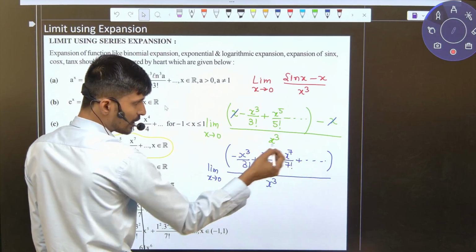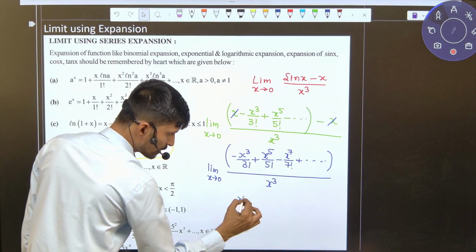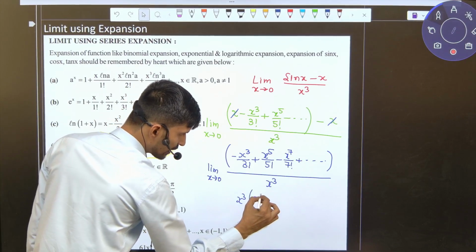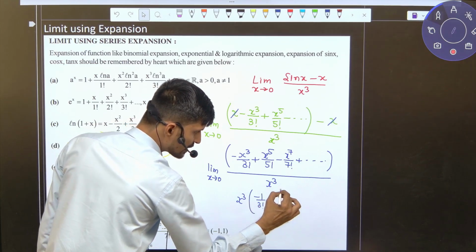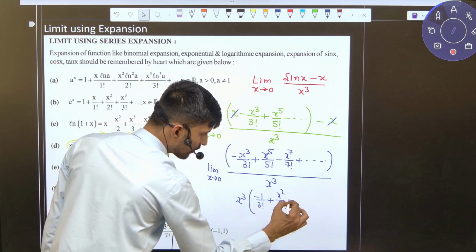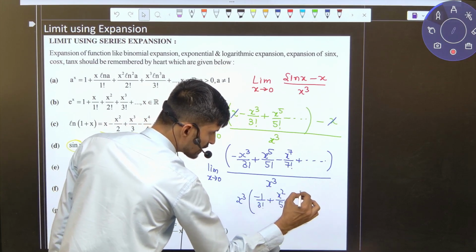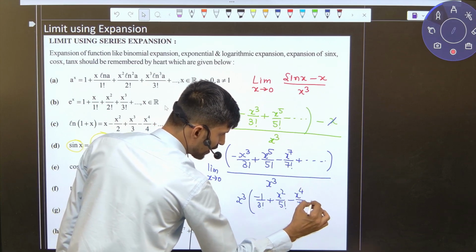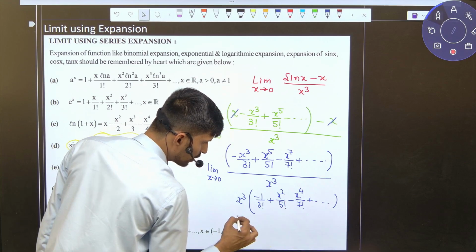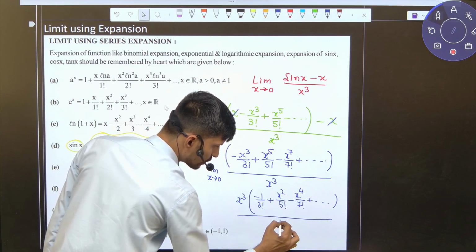Now from the numerator I take x cube common. That becomes minus 1 by 3 factorial plus x square by 5 factorial minus x raised to 4 by 7 factorial, and so on, upon x cube.